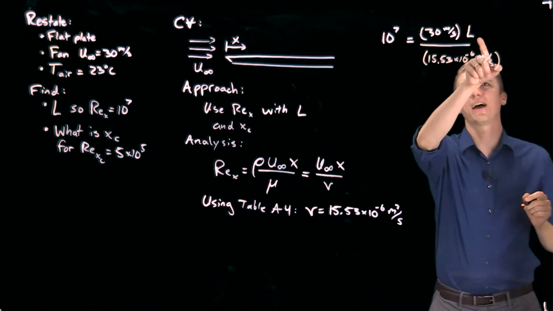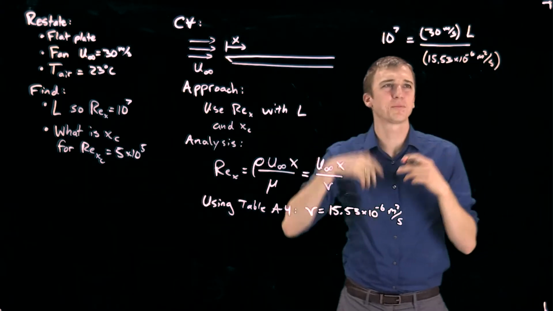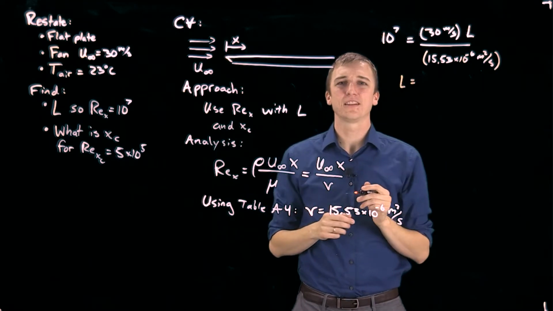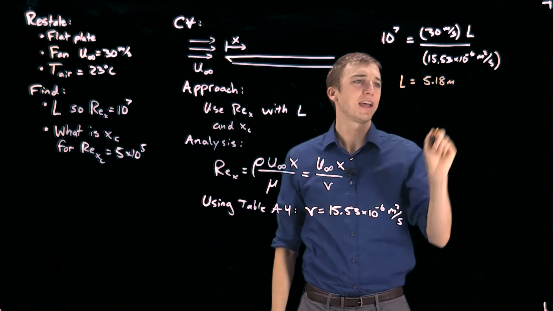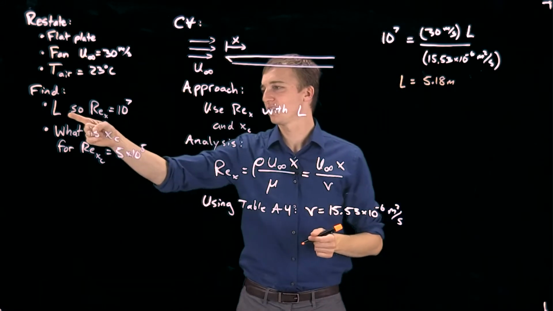With L in meters, our units cancel, giving a dimensionless parameter, the Reynolds number. Rearranging and solving, we get the length of our plate, which is 5.18 meters. So that was the first thing we were asked to find.